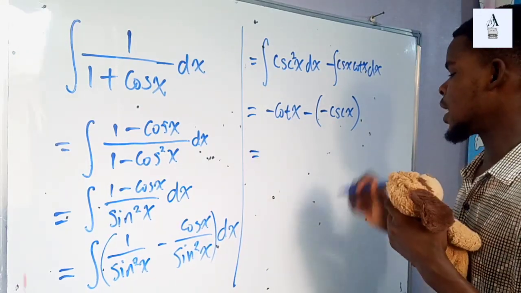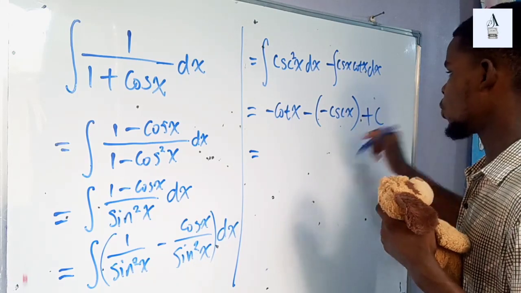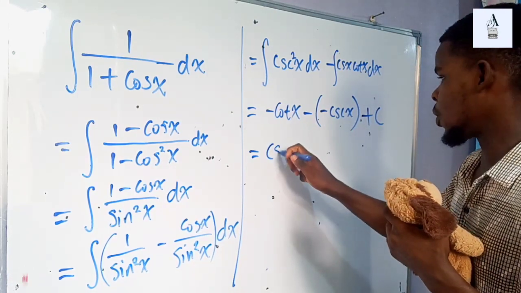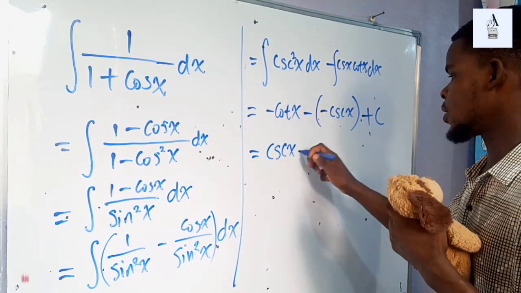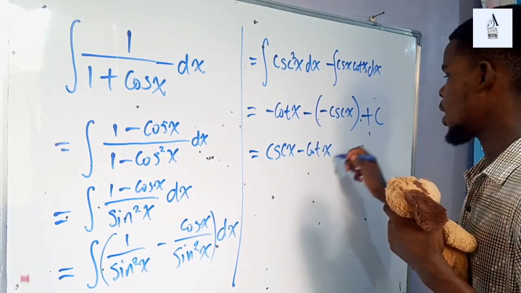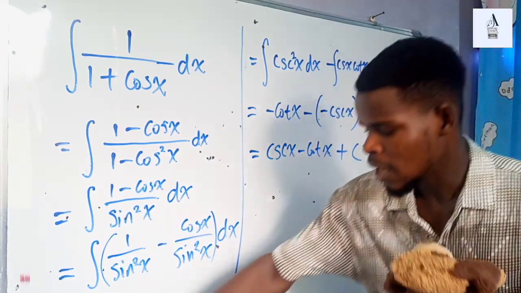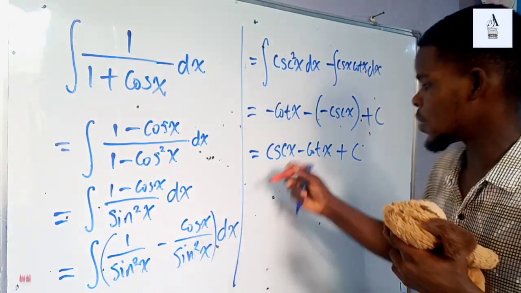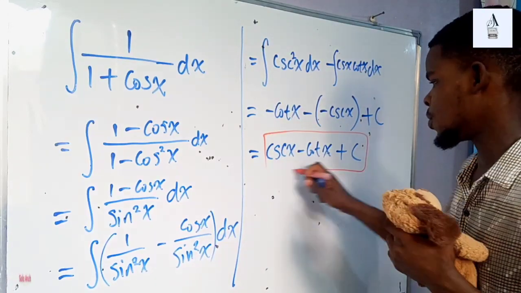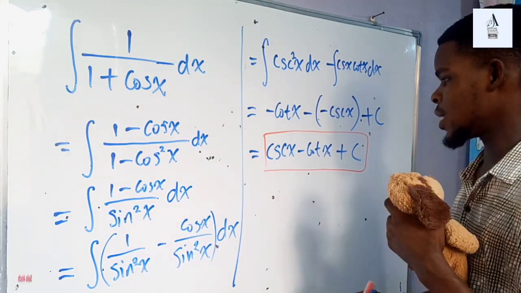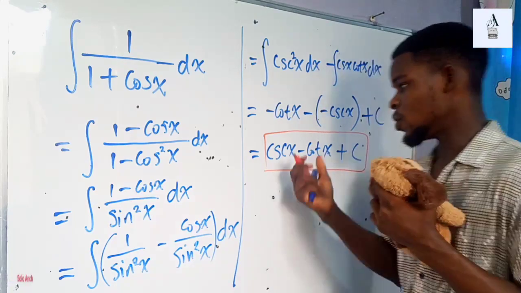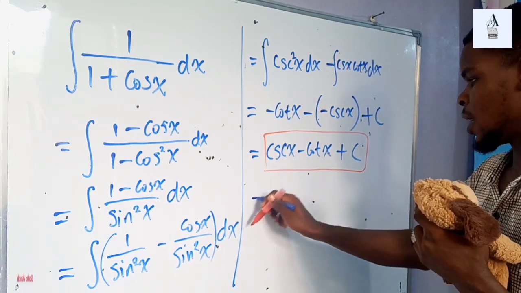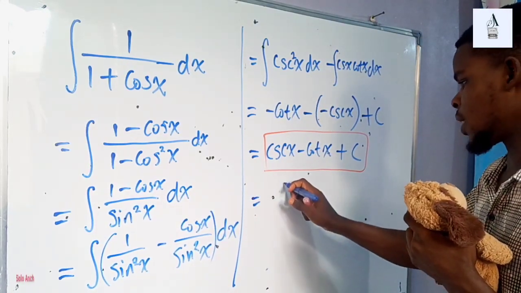And after taking out the negative sign, we are going to have this to be positive, that will be cosecant of x, then minus the cotangent of x, and then we can add an arbitrary constant. And as you can see, this right here is the antiderivative of the function we started with. And if you'd like, you can rewrite this as cosecant is the same thing as 1 over sine, right?